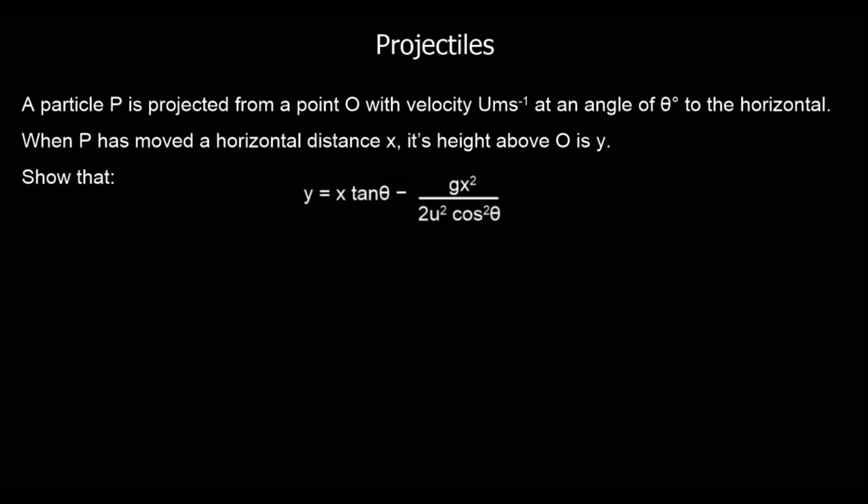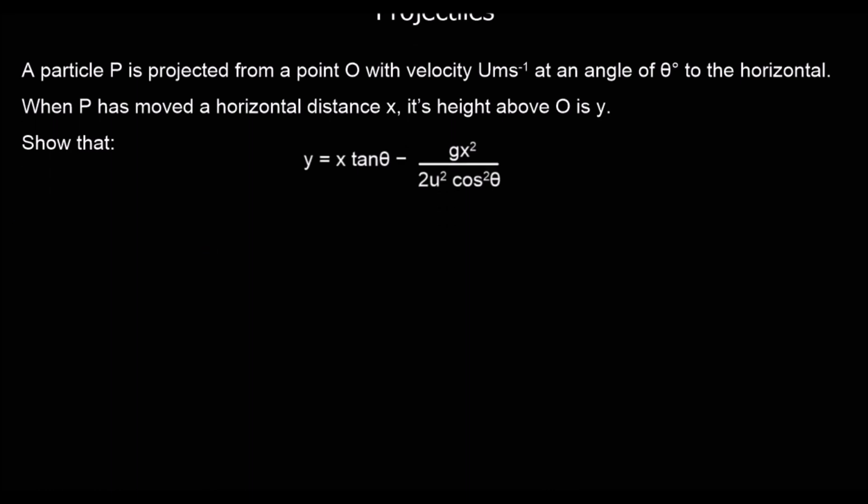So we're going to show that y equals x tan theta minus gx squared over 2u squared cos squared theta. So we're just going to look at our one equation for the horizontal distance x, one equation for its vertical displacement y, and we're going to combine them together and hopefully we'll get this result.